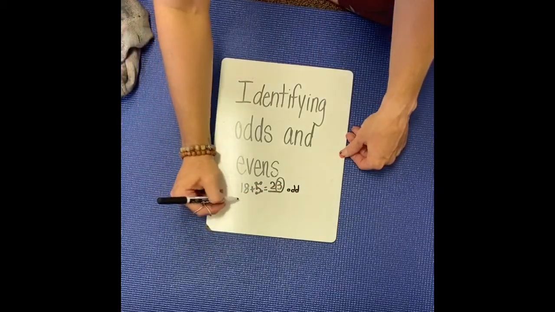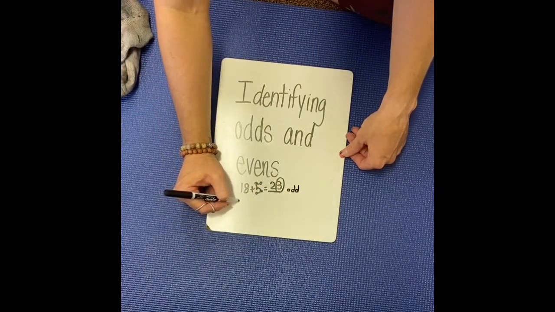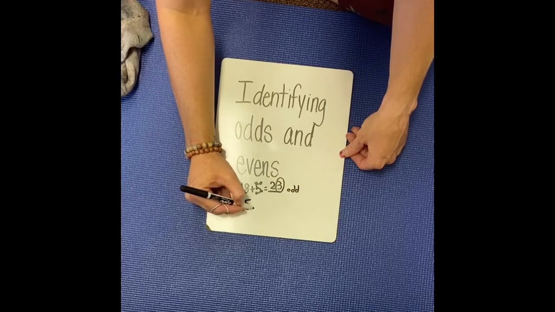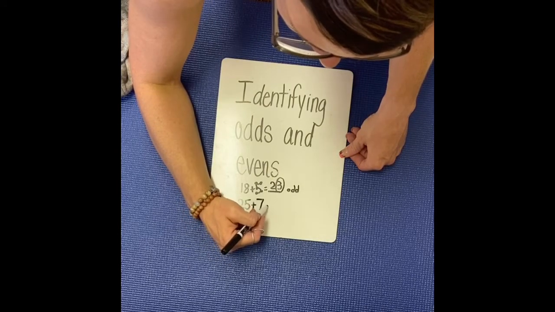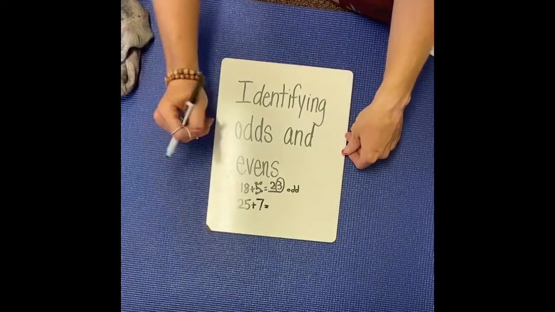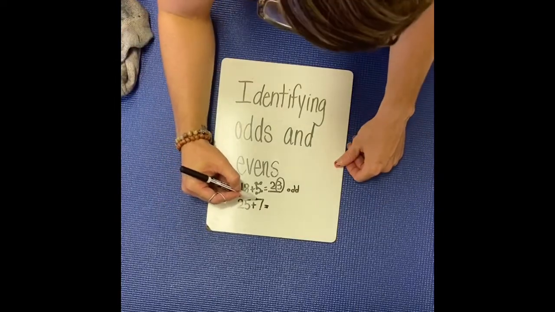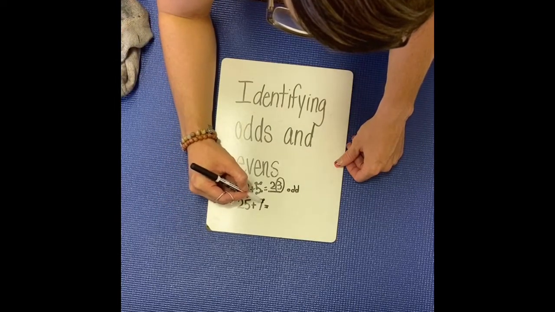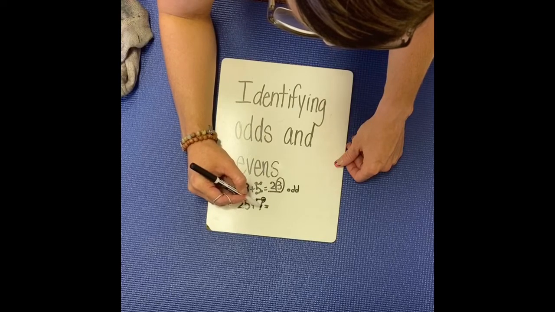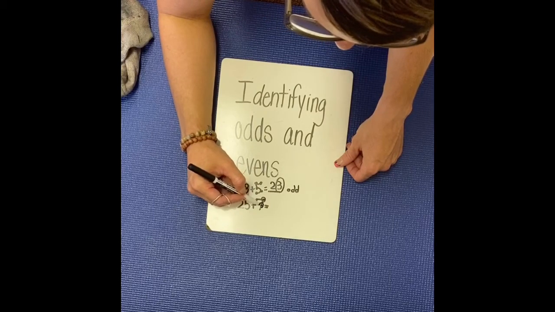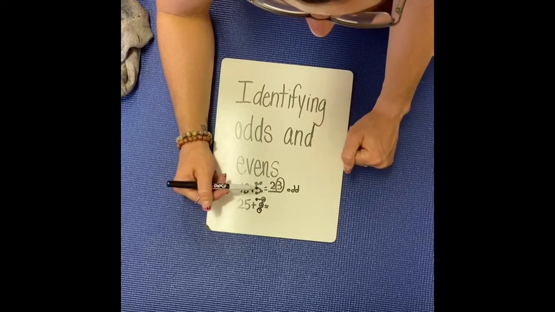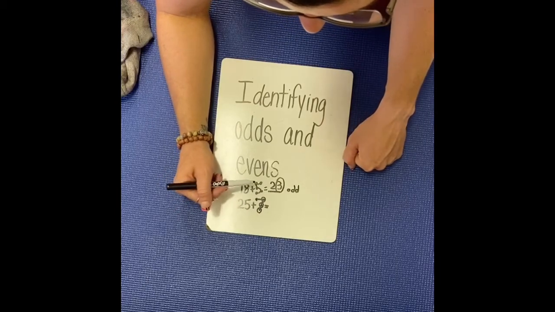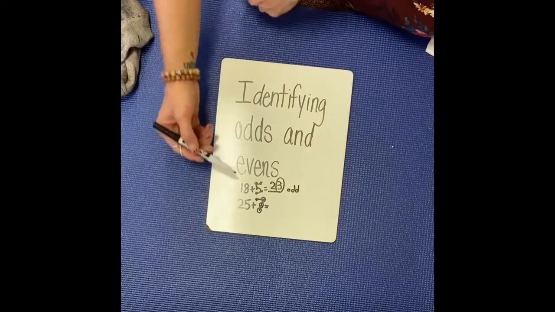I'm going to do one more. 25 plus, let's try 7. Okay. My touch points on 7 are 1, 2, 3, 4, 5, 6, 7. And for those of you who are not familiar with touch points on numbers, that's something you can check out.